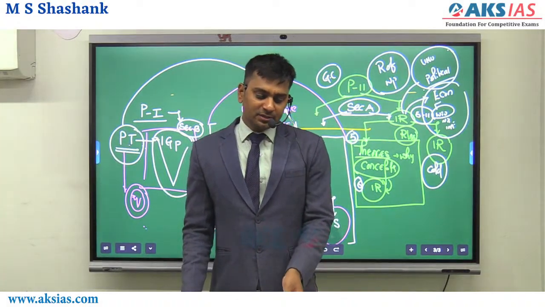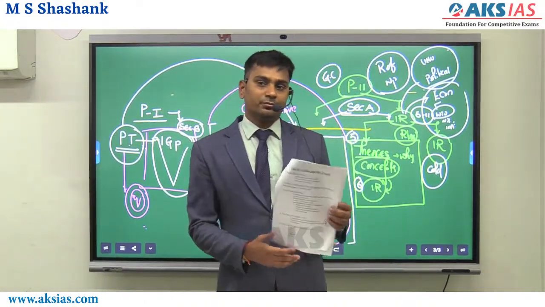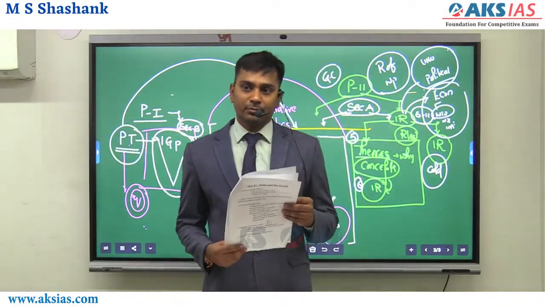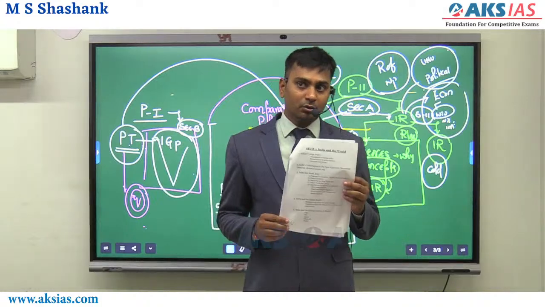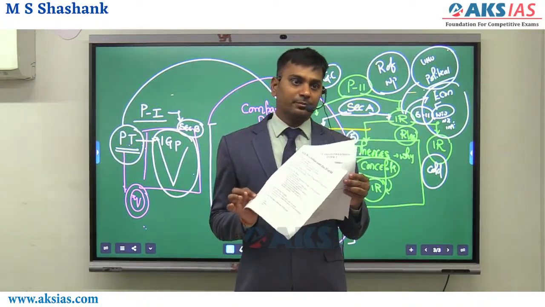The entire discussion, whatever we discuss, is going to be present in this component. So IGP paper 2 IR will be covered here. The entire IR paper discussion will be there.